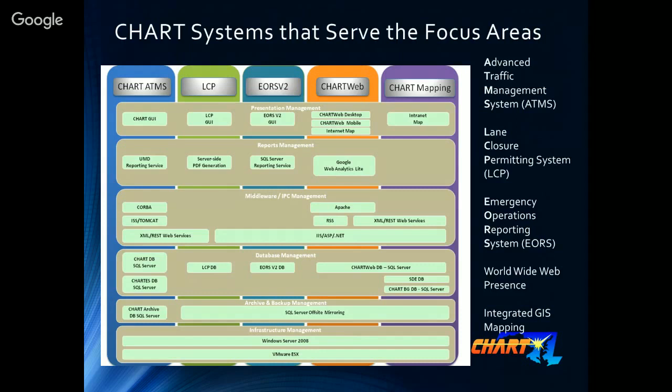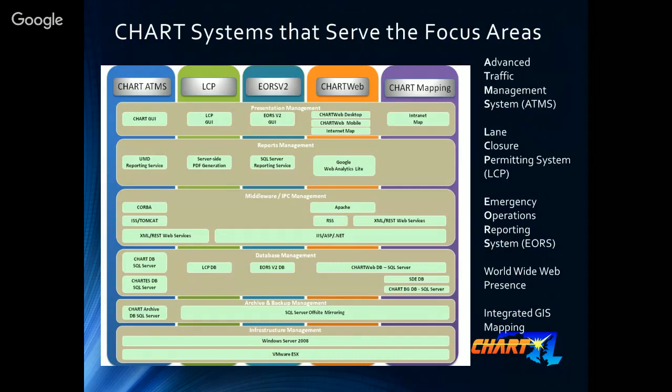This is our enterprise architecture for what we do. And you'll notice where they share similar things, where they share the same .NET, or where they share the same database, or where they share the same operating system. Over the years, we started with the Advanced Traffic Management System being very prescribed, very well engineered, and the others kind of came about one bit or another.